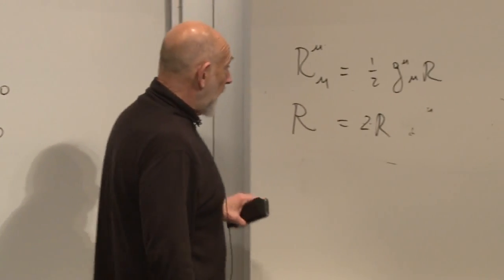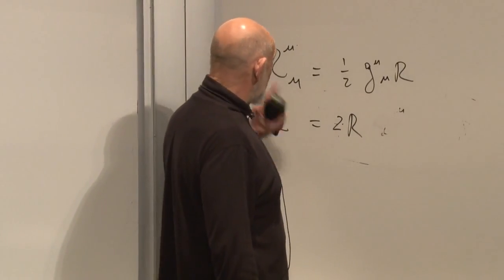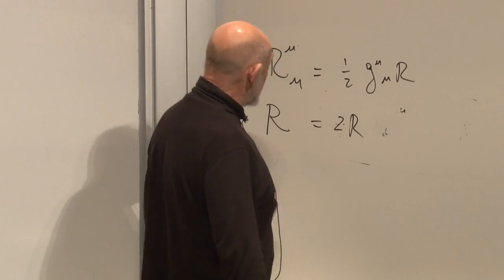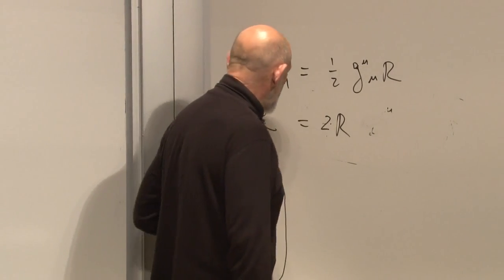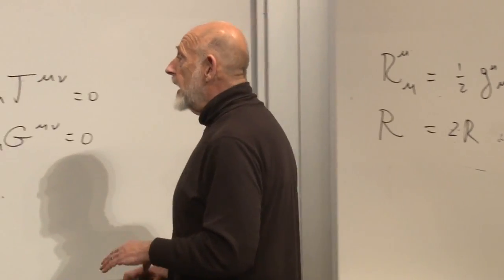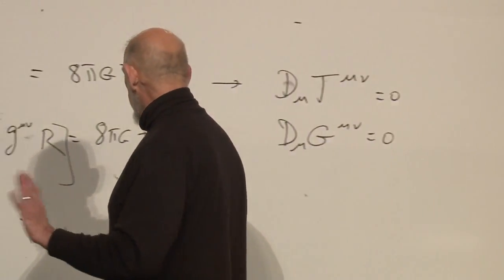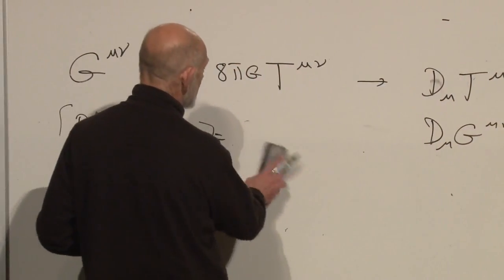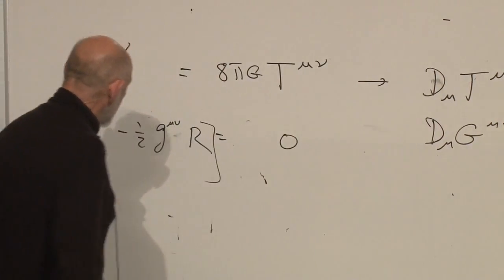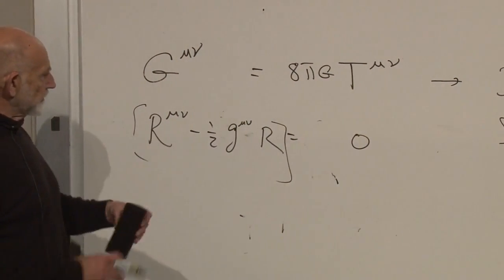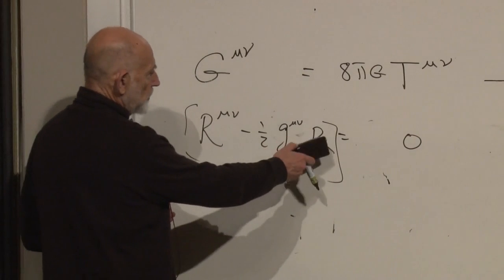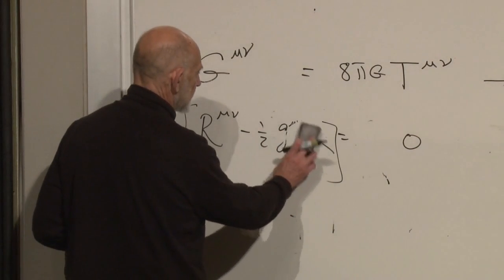That does not imply that the Ricci tensor is 0. It only implies that the Ricci scalar is equal to 0, in which case, in this special case, you can drop this term. 1/2 g mu nu r is just 0.